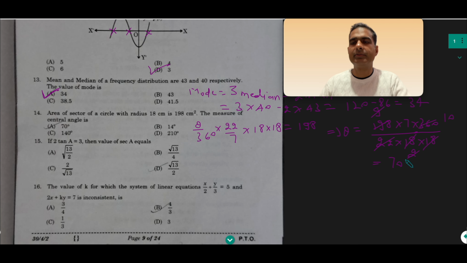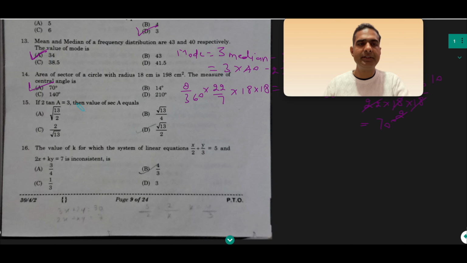So 7 times 10, that is 70 degrees, will be the central angle. This question was just checking our awareness of the formulas. We just applied the formula for the area of a sector of a circle, and rearranging the terms we found the value of theta.